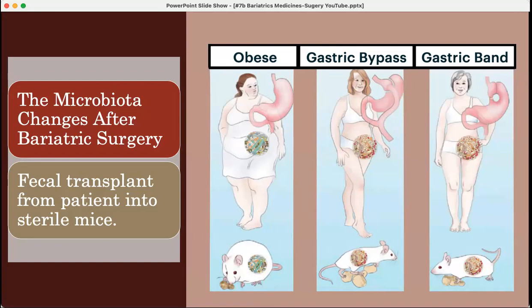Patients that have had gastric bypass have a change of their microbiome. And this is a gastric bypass. This is a gastric banding. In both of these situations, fecal transplants will change the microbiome. Particularly this gastric bypass is the most effective at changing the microbiome.